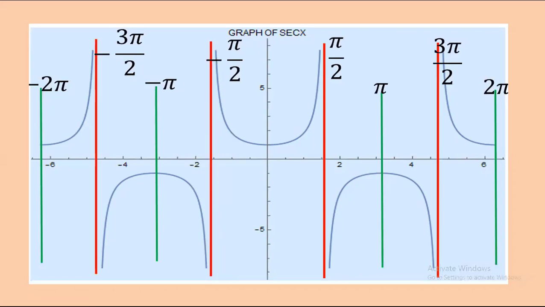From the set of all real numbers we have to subtract all those values, that is pi by 2, 3 pi by 2 and so on, then minus pi by 2, minus 3 pi by 2, like the tan function. So the set of all real numbers minus (2n minus 1) pi by 2. So this is the domain.